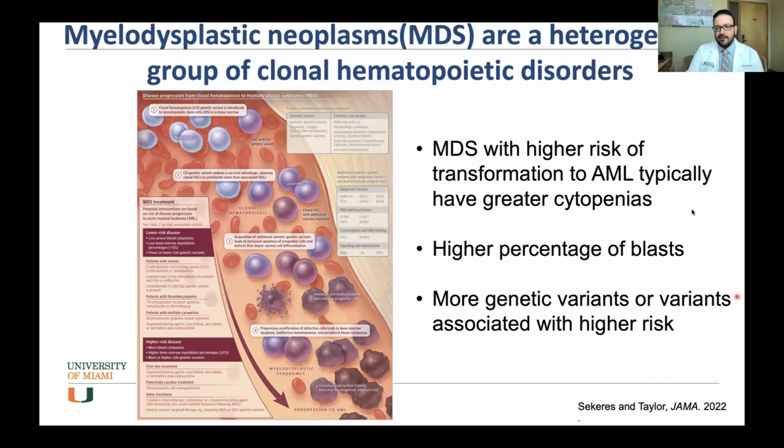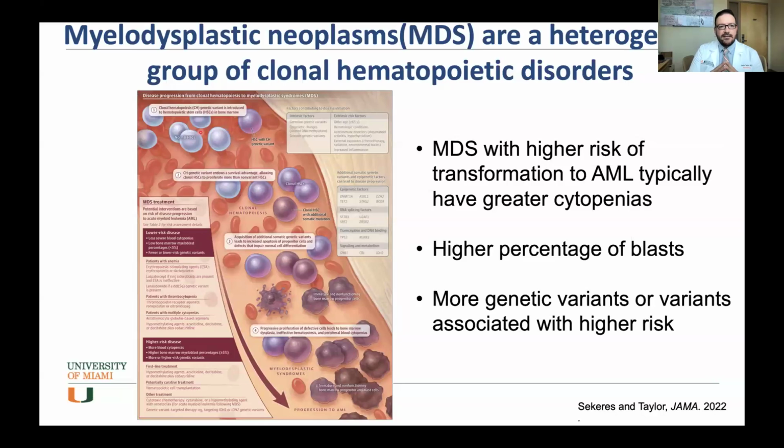So this is a review article that I published with my colleague, Mikhail Sekeres, in JAMA, the Journal of the American Medical Association, in 2022. And they made this nice drawing for us, if you will, showing that the reason MDS originally got its name as syndromes is that it's really a group of disorders and a group of blood cancers.